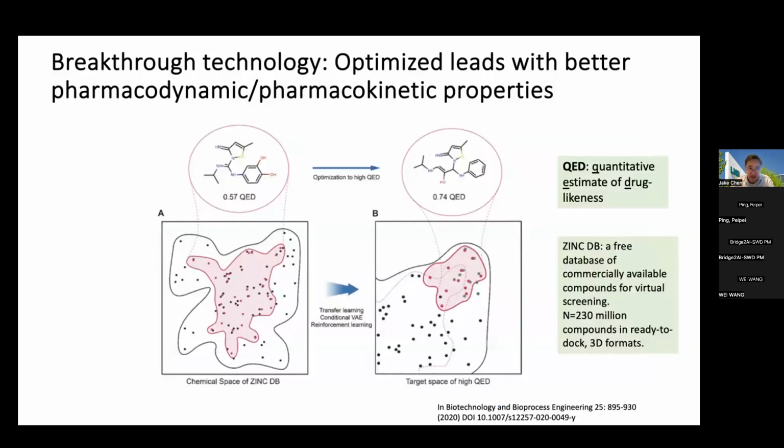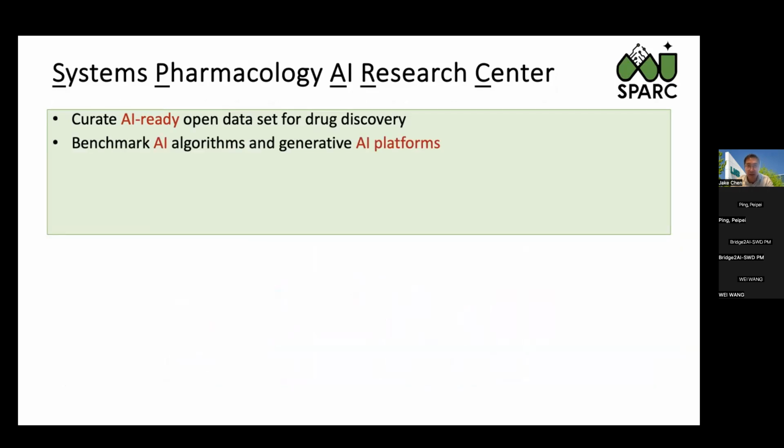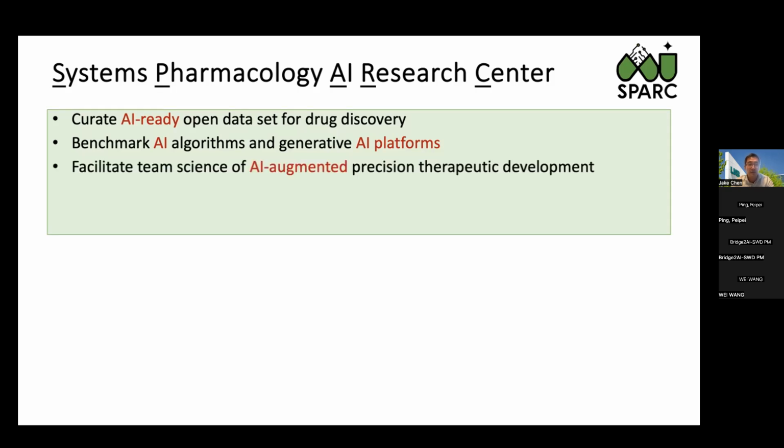I'll skip some of these, and I want to mention that in this context, we formed the System Pharmacology AI Research Center. We want to curate AI-ready open datasets for drug discovery, where everyone can come in and make use of them and hopefully contribute. We want to benchmark AI algorithms and generative AI platforms to say which one is better for which purposes. We want to augment teams who are interested in using AI-augmented methods to do drug discovery.